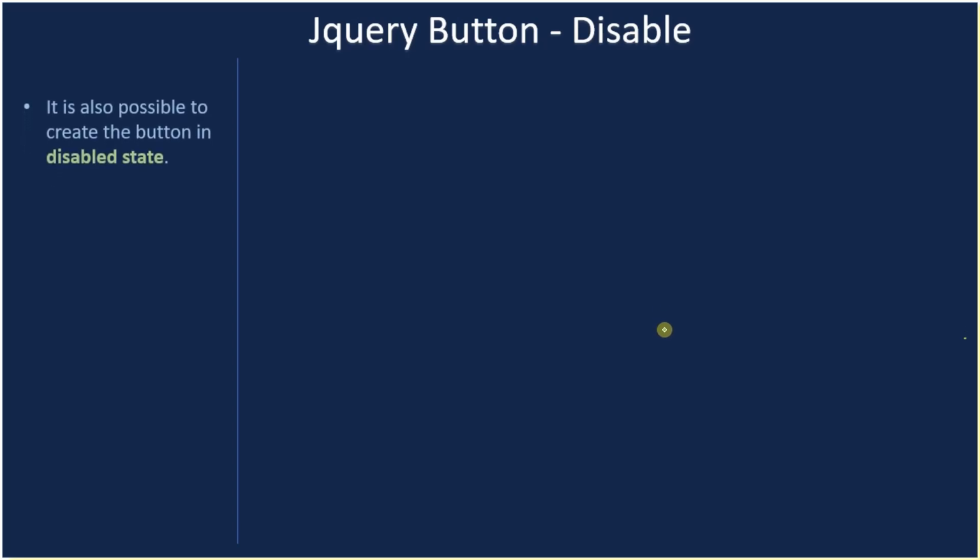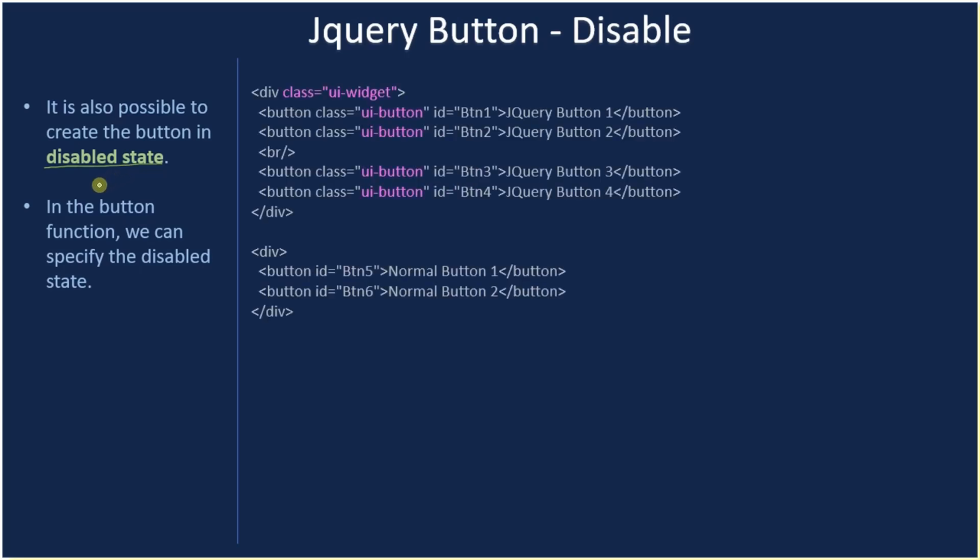It is also possible to create the button in disabled state. In the button function, we can specify the disabled state. So if you see, these are all the four buttons, right?